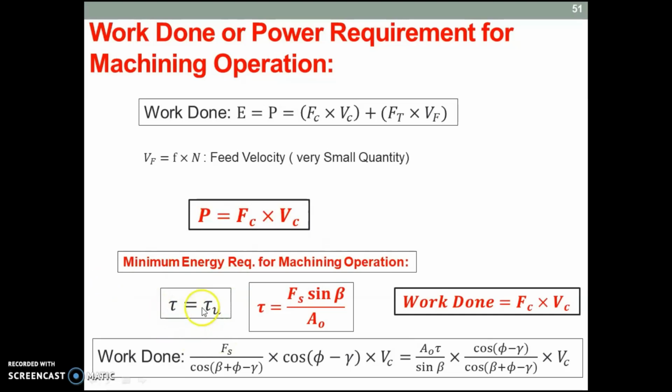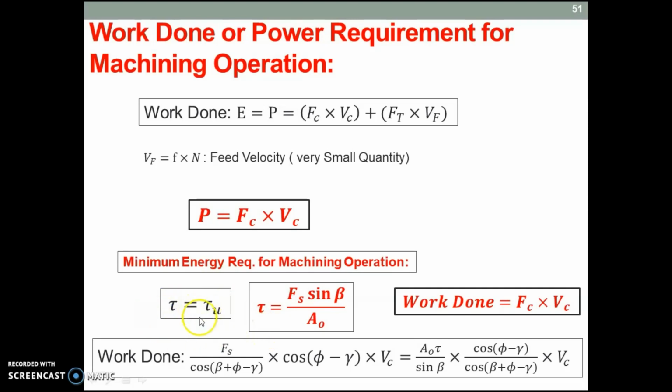This tau equal to tau u is the minimum condition for the energy, because machining is possible as long as tau is greater than or equal to tau u. So the minimum energy condition is that the induced shear stress should be equal to the ultimate shear strength of the material.